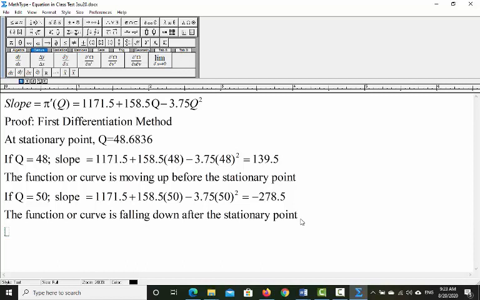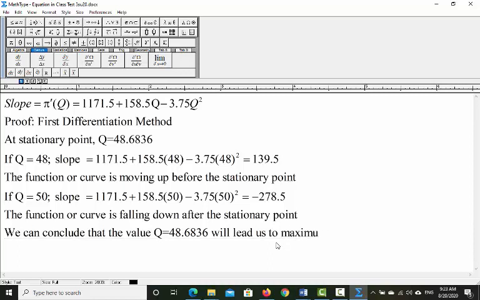That means we can conclude that the value of Q, this one, will lead us to maximum profit.